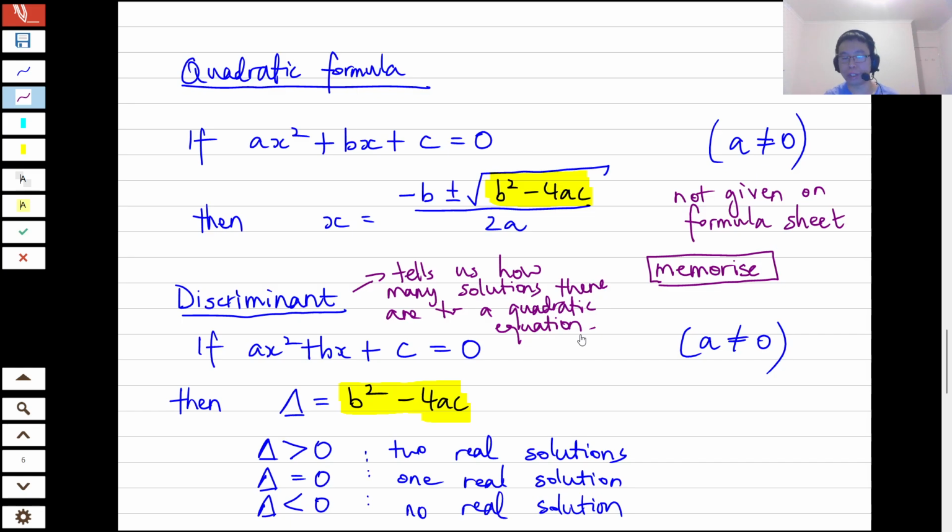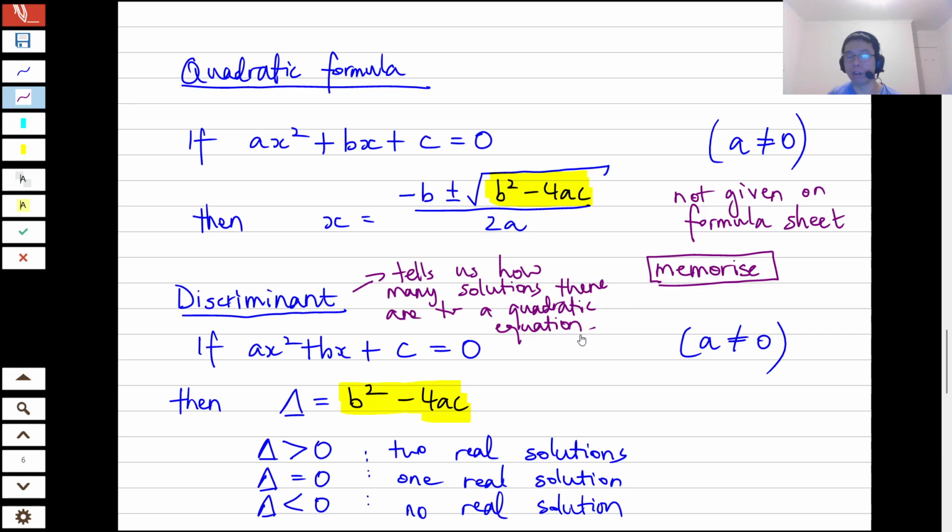For example, those solutions could be very complicated, involving scary square roots and fractions. And perhaps I want to sketch a quadratic graph, and part of sketching a graph involves finding the x-intercepts, so I might be interested in whether my graph hits the x-axis. I can do a very quick calculation involving the discriminant, which will tell me how many x-intercepts there are.